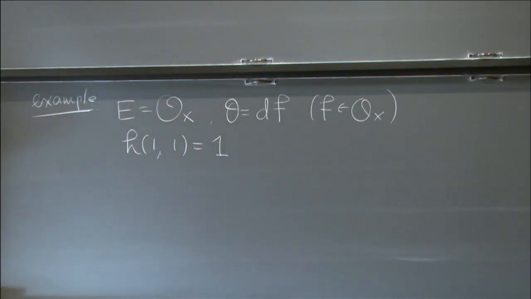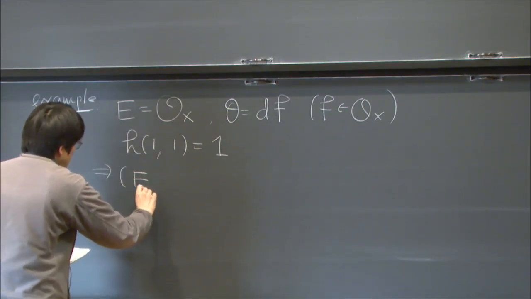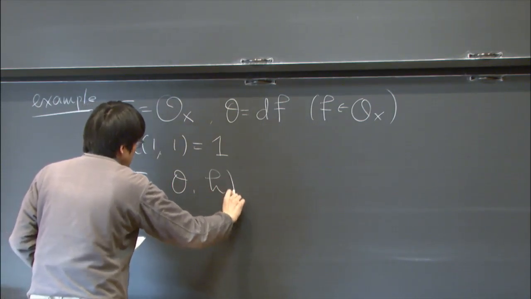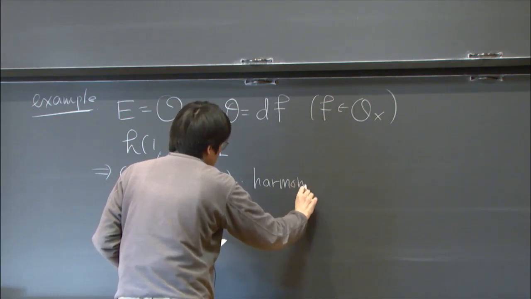This is the simplest one. Then it is easy to check that (E, theta, h) is a harmonic bundle.